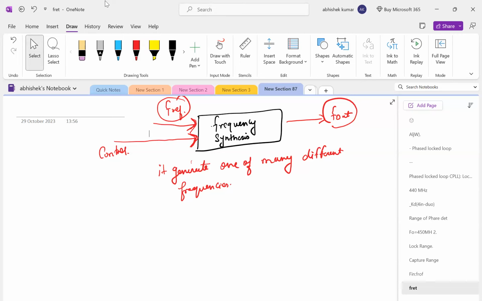So it can be taken care of by two methods: direct frequency synthesis or indirect frequency synthesis. In direct frequency synthesis, we use a frequency adder, subtractor, and so on, or indirectly we use a PLL, which we studied right now.